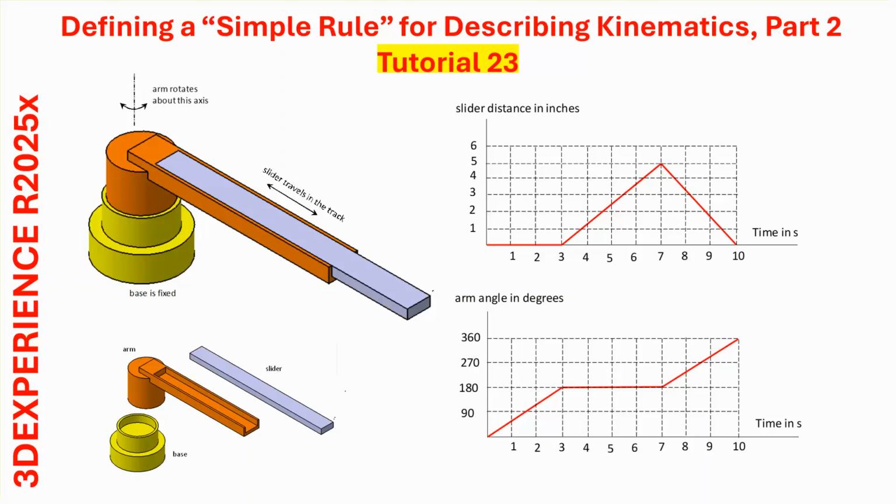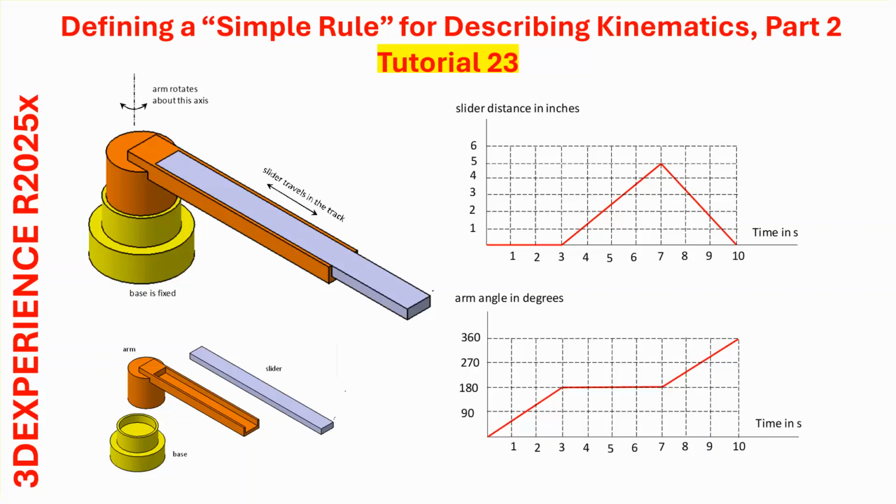Good morning, folks. This is tutorial number 23, which deals with the simple rule that can be done in 3D Experience in order to specify the kinematics of a problem.